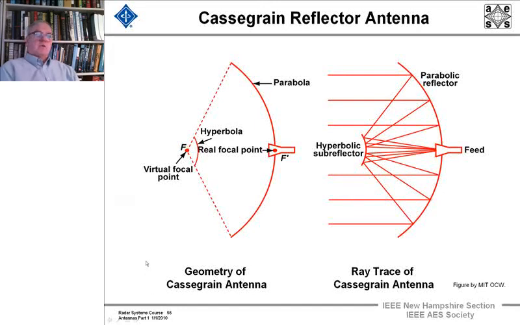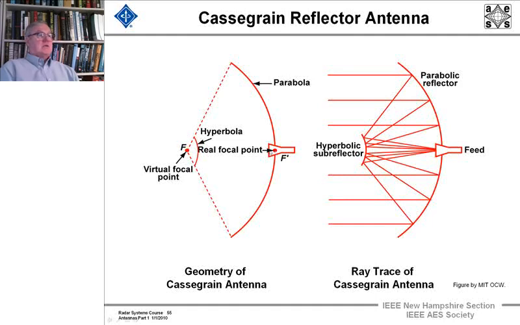Okay, now this is an important part because this is a neat geometry that helps you in lowering significantly the blockage from getting energy to the focus. And if you know about telescopes, you know about Cassegrain feeds. What you do is you start off with a basic parabola, and there's a virtual point of that parabola, and you put a hyperbola at the real focal point back here.